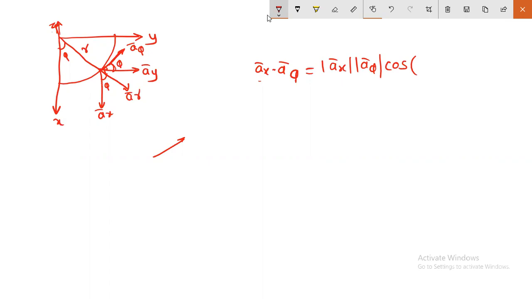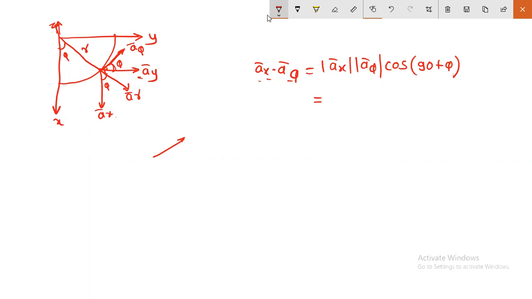So x and phi. So x to y it is 90, right? So it is 90 plus phi. Okay. So what is cos of 90 plus phi?